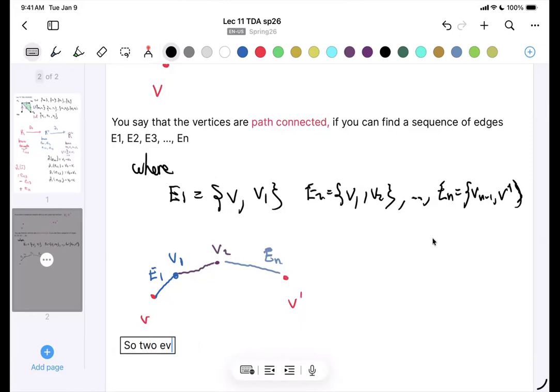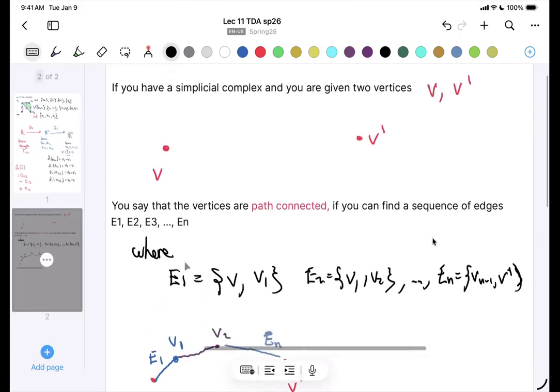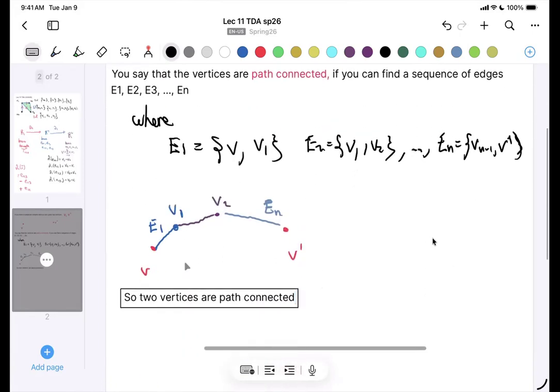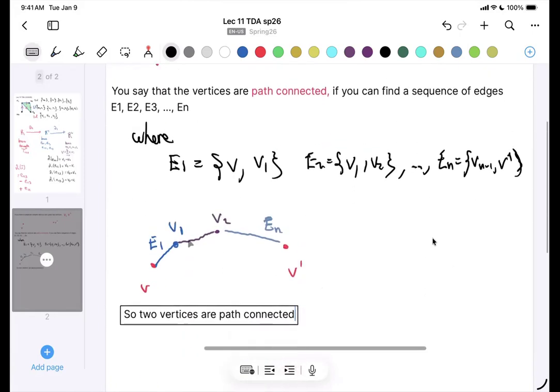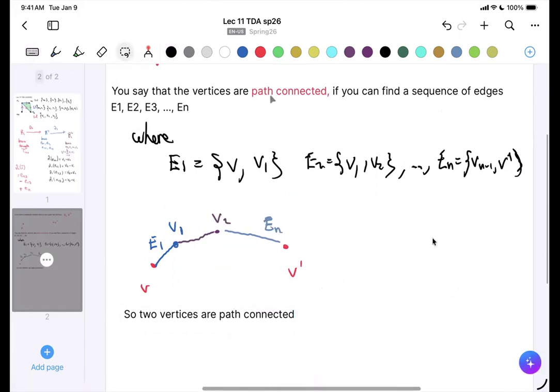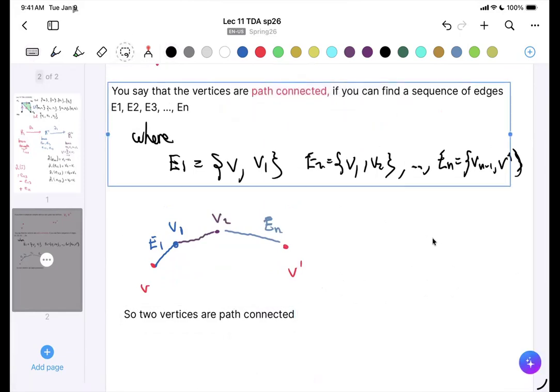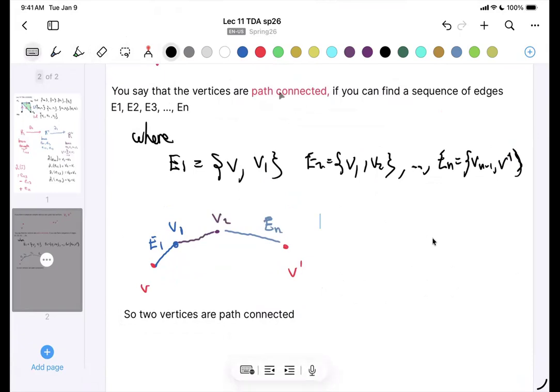So two vertices are path connected, or maybe I should have called them connected by a path. Path connected is fine.